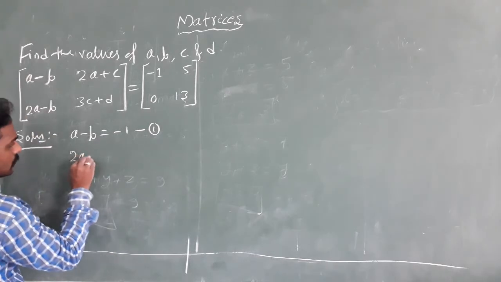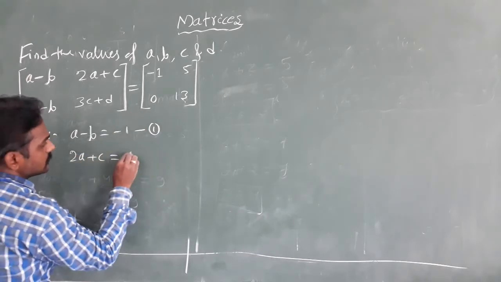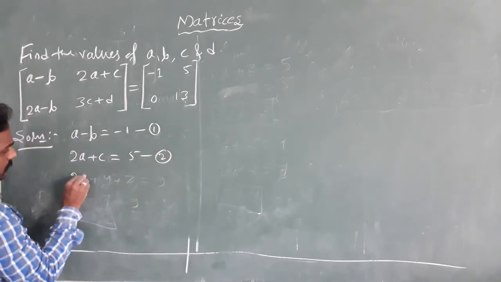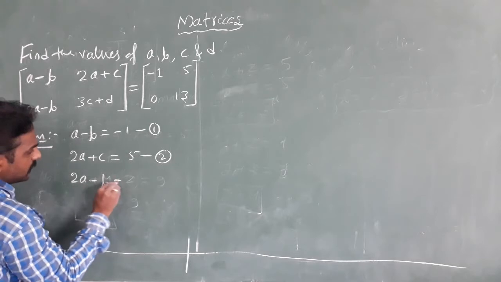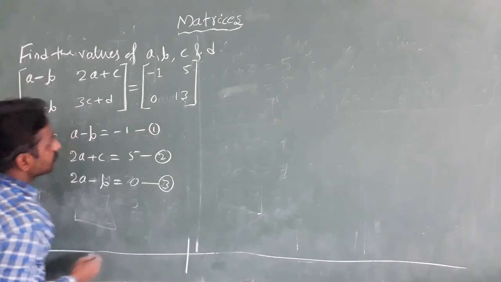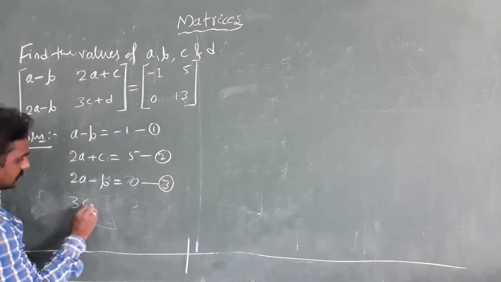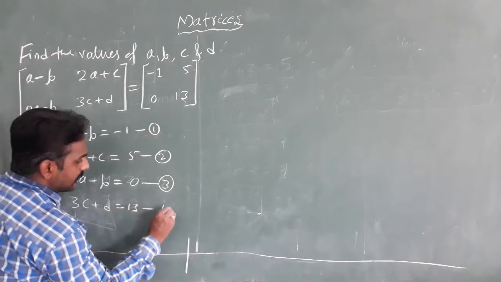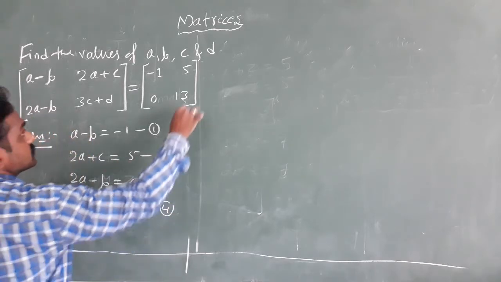Next, 2A plus C equals 5, it is equation 2. Next, 2A minus B equals 0, take it as equation number 3. Next, 3C plus D equal to 13, take it as equation number 4.